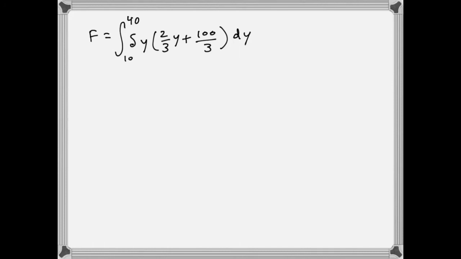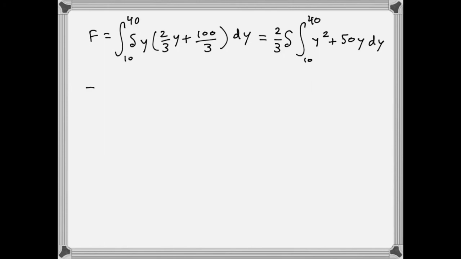Okay? What I'm going to do now is I'm going to pull out the 2/3 and the delta since it's just the constant. So if I pull out a 2/3 delta, what I'm left integrating here is from 10 to 40 of y squared plus 50y dy.